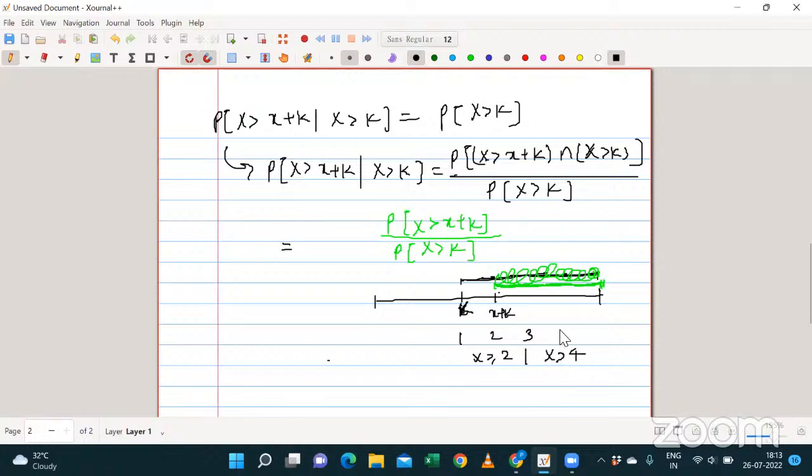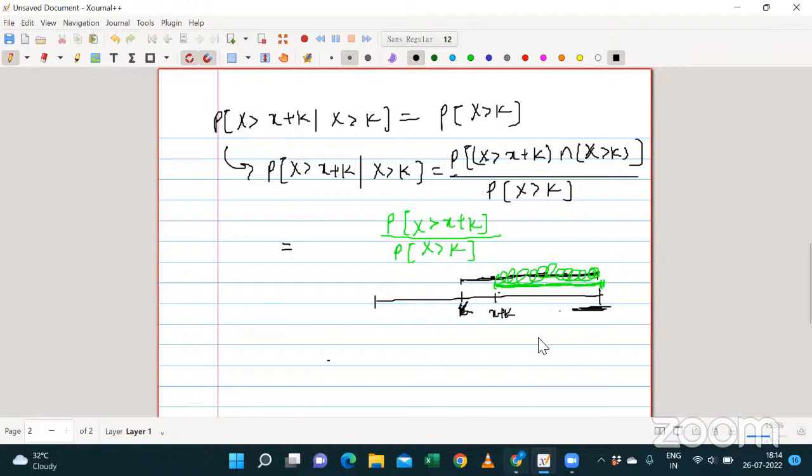X greater or equal to 2 means this whole range, and X greater than 4 means after 5, 6. Suppose your maximum limit is 6, so your numerator will be X equal to 5, 6. If this is a problem statement, then we have to think whether the events are independent or dependent.